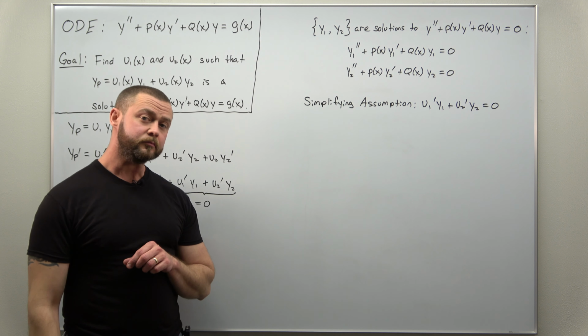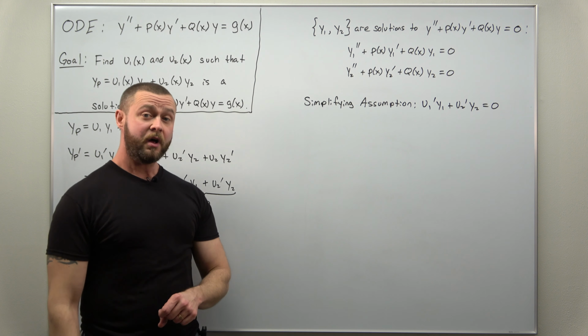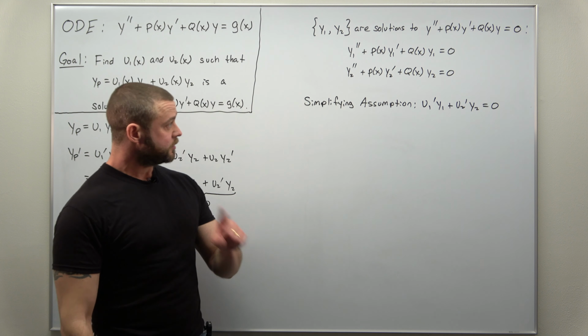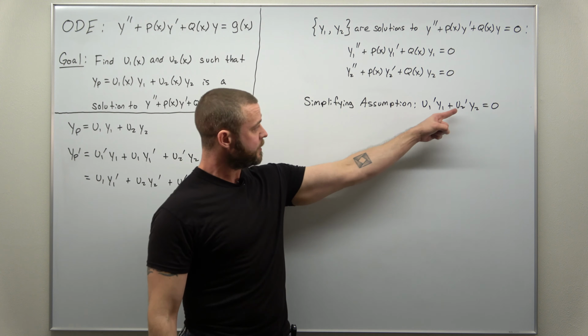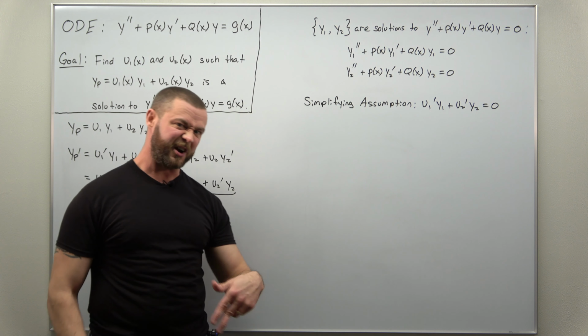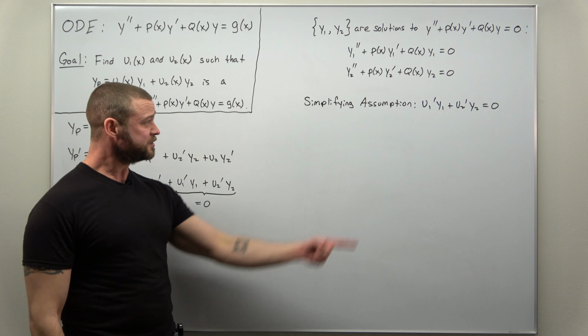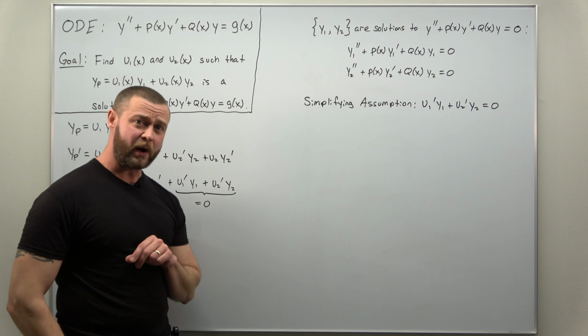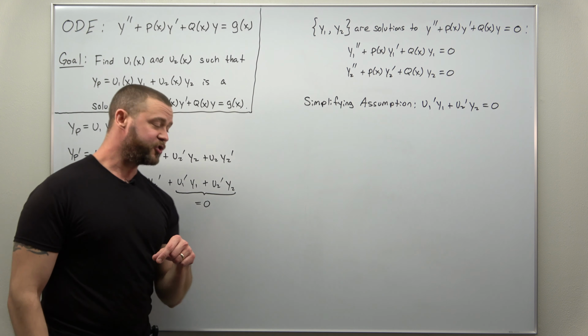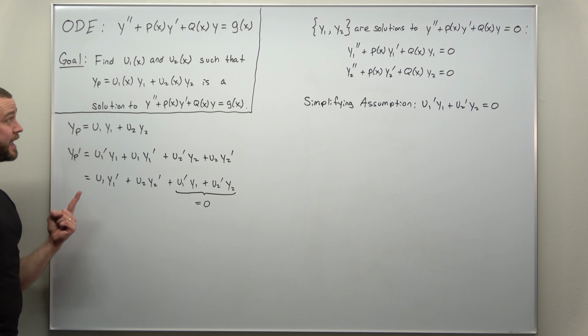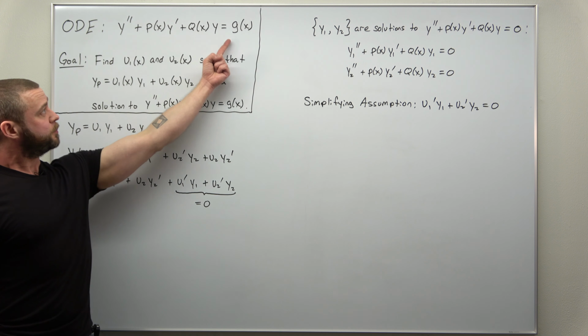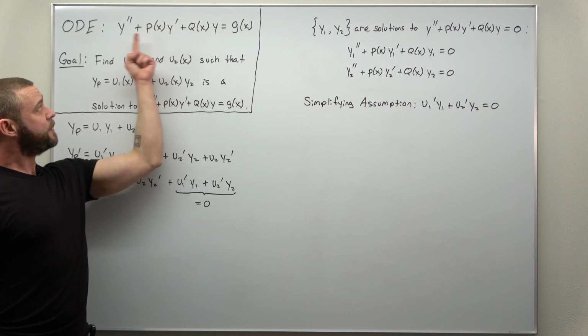All right, that's one equation for two unknowns. The unknowns here are u1 prime and u2 prime, which we can integrate to get u1 and u2 eventually. But for two unknowns, we're going to need a second equation. The second equation is going to be yp and all of its derivatives plugged back in to the non-homogeneous ODE.